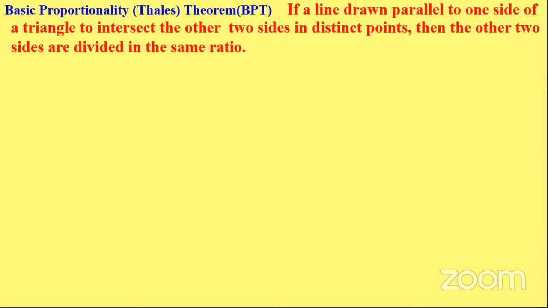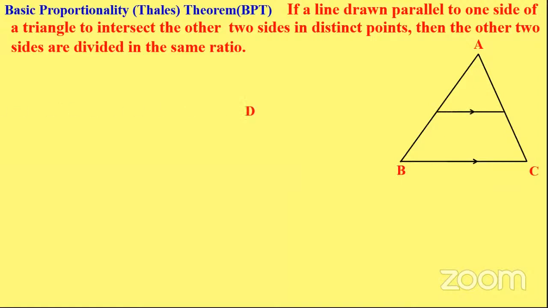So according to the statement, we draw the triangle first. This is the triangle. Label it ABC. Draw a line parallel to BC, that is DE, to intersect the other two sides. Other two sides means AB and AC.